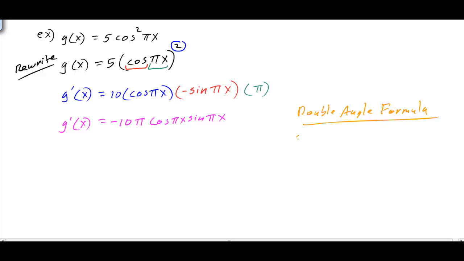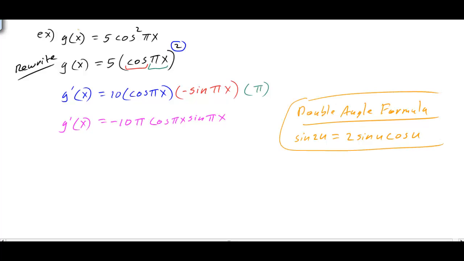And the one that I want to look at is the sine of 2u is equal to 2 sine u cosine u. And I'll show you in a minute how we're going to use this double angle formula.